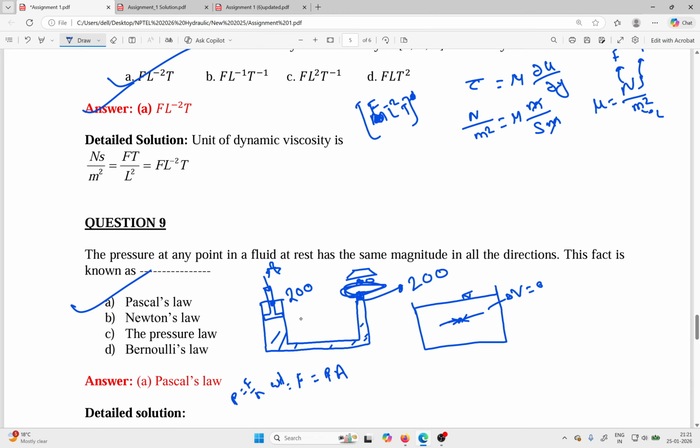Let us assume this area is 100 mm square, and this is your 10 mm square. So the weight at point 1, or force at point 1, is pressure 200 into area 100 mm square.